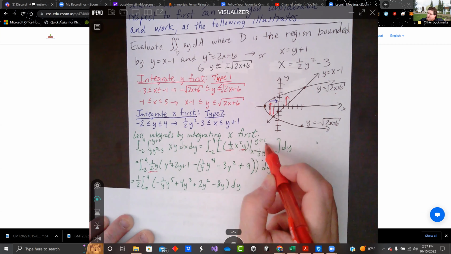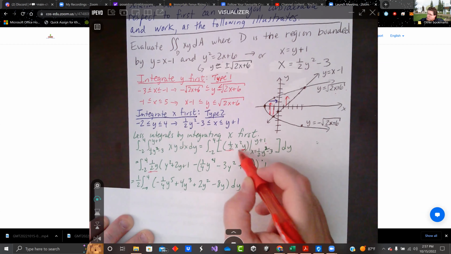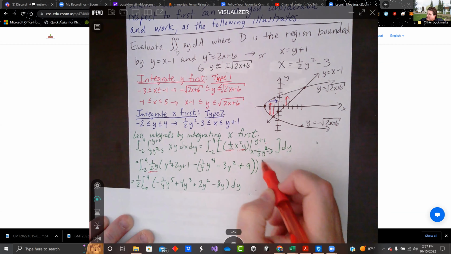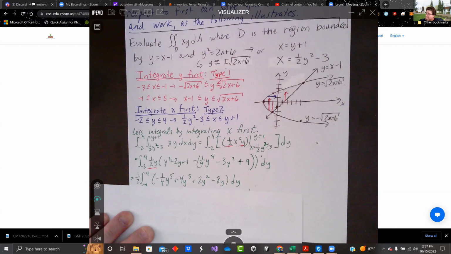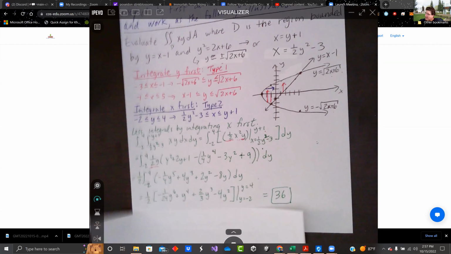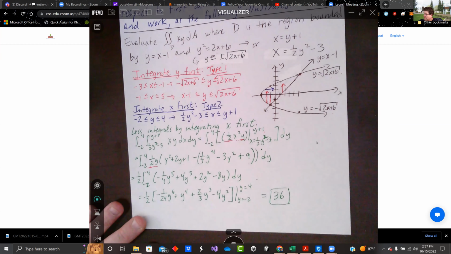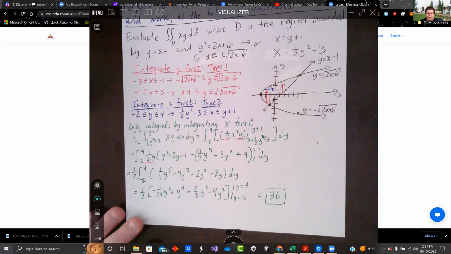So x squared of y plus 1 squared is that, and 1/2 y squared minus 3 squared is that. We integrate now with respect to y. You know how to do this. It's Calc 1 material. We finish it up, we get 36.